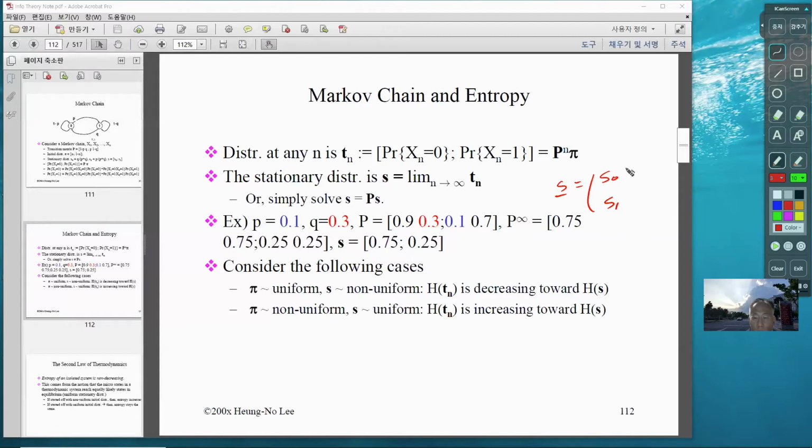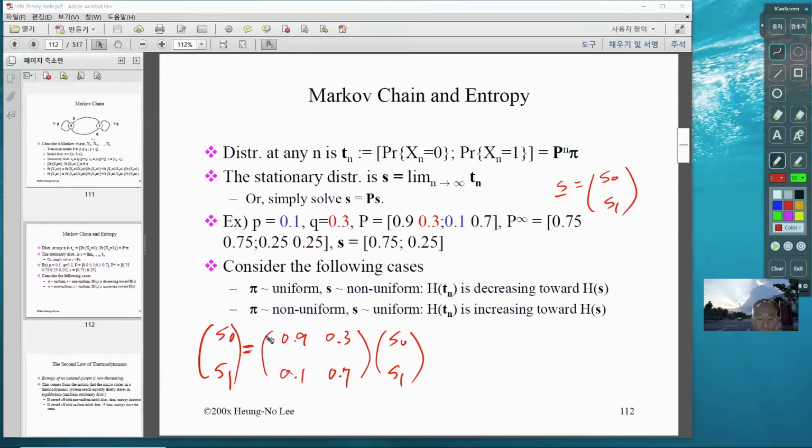S0, S1, right? And then P in this case was 0.9, 0.3, and 0.1, 0.7, that's our P. And then we multiply this, we get S0, S1 again. And since S0 plus S1 is equal to 1, we have one equation. And then from this equation, we get another equation. So let's take a look at S0.